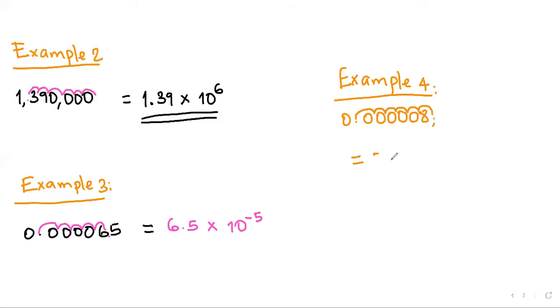So we have 8 times 10 to the power of -6. Now note that if you move the decimal point from right to left, you will have your power as positive. But if you move your point from left to right, you will have your power as negative. You have to note that. Okay.